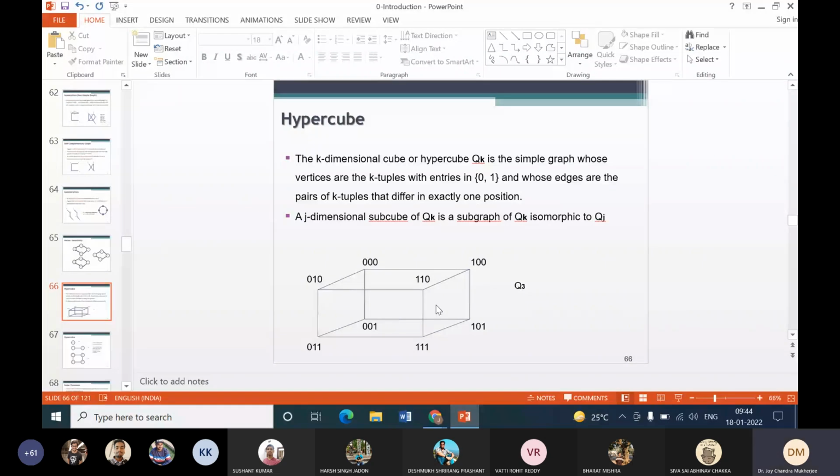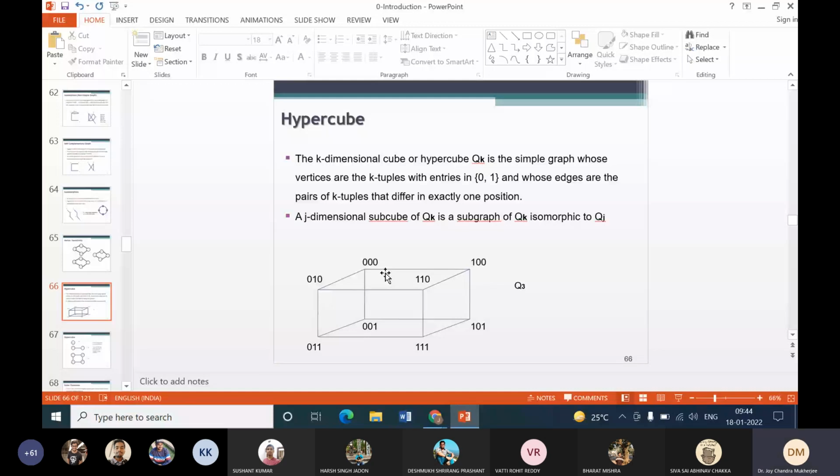Okay. So basically, the notation used for hypercube of order k is Qk. Now it has 2 to the k vertices. So suppose it is Q3. So it has 2 cubed, that is 8 vertices.